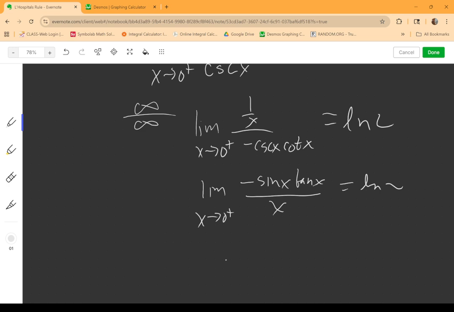Okay, so one more time, limit as x goes to 0. This is now 0 over 0.